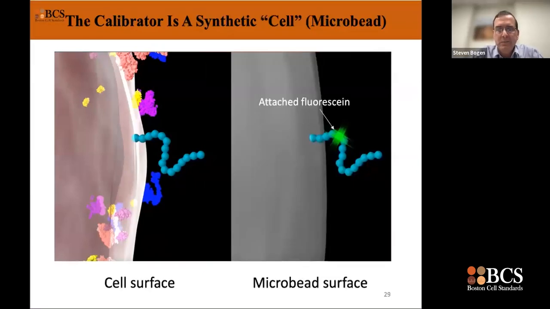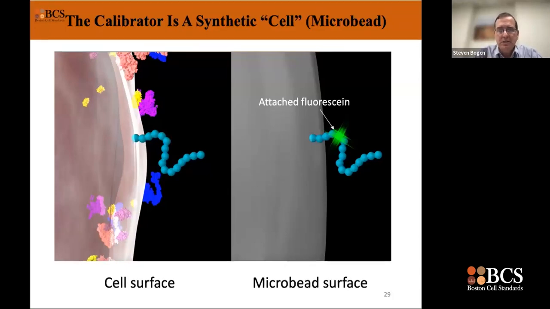So my team developed a synthetic cell equivalent with funding from the National Cancer Institute, having defined molecular concentrations as would be needed for a calibrator, and that's illustrated here on the right. Now, what's important here, we first attach a fluorochrome to that macromolecule or a peptide epitope.